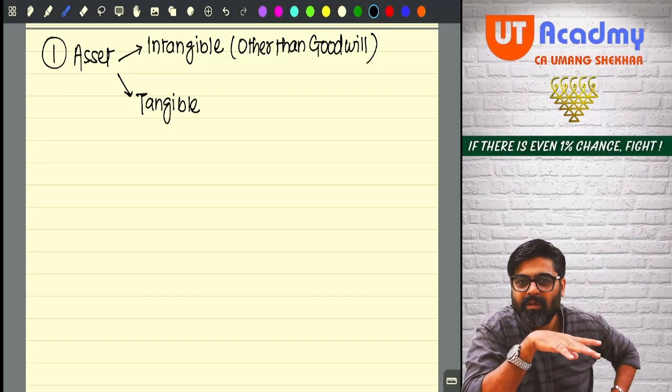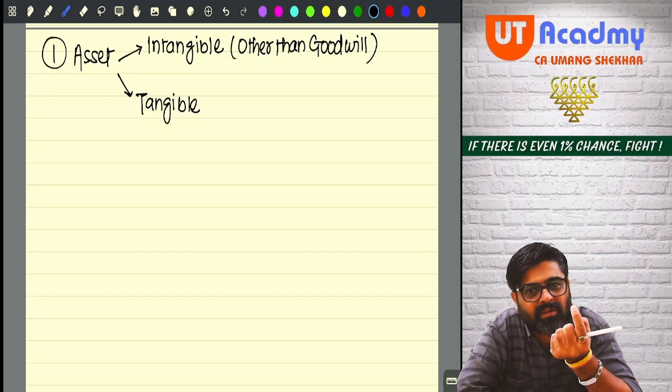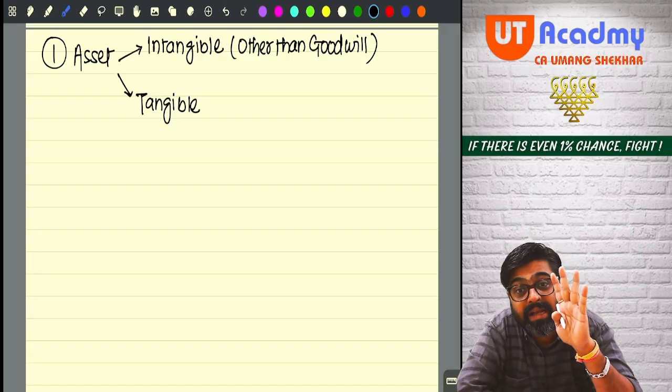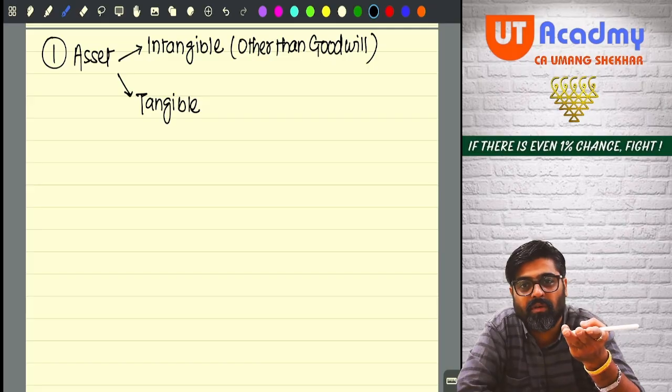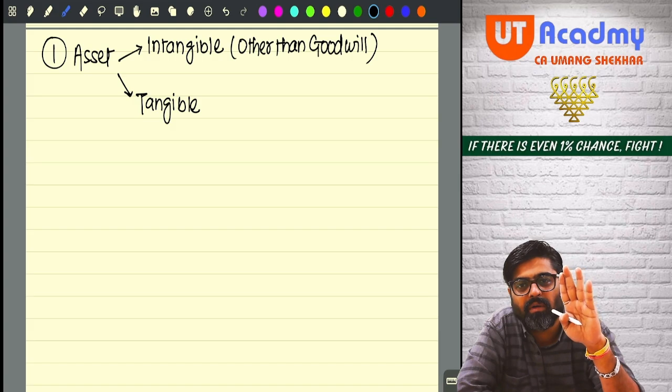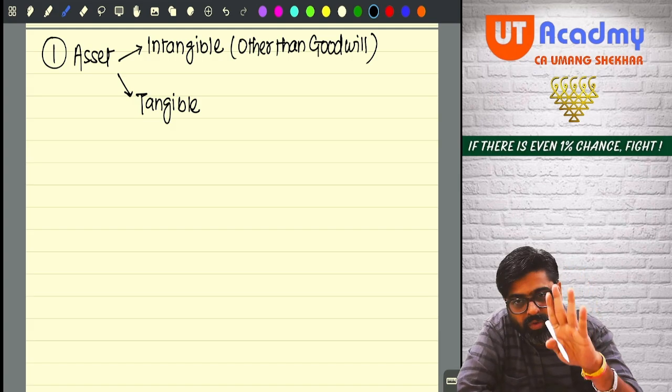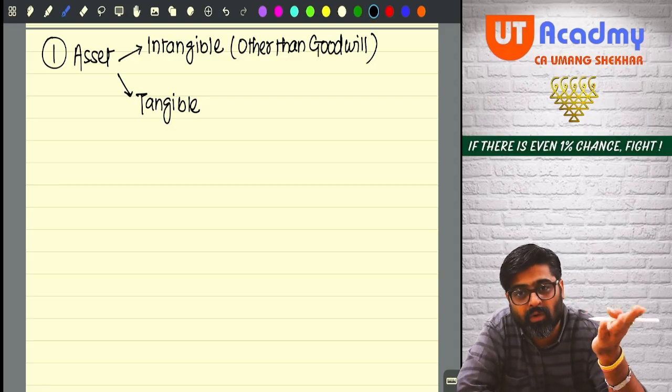So what I did, 1 crore was only the value of the business, and I paid him 10 crore. 9 crore extra for the purpose of goodwill. If you see, his business is a loss-making business. There should not be any goodwill given to him.